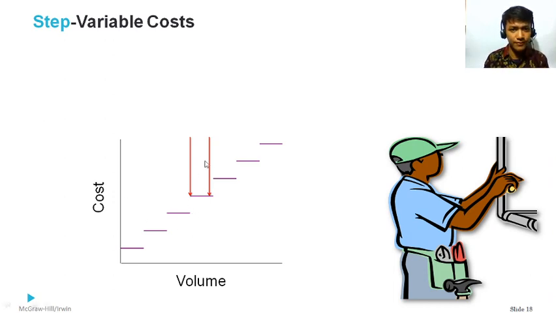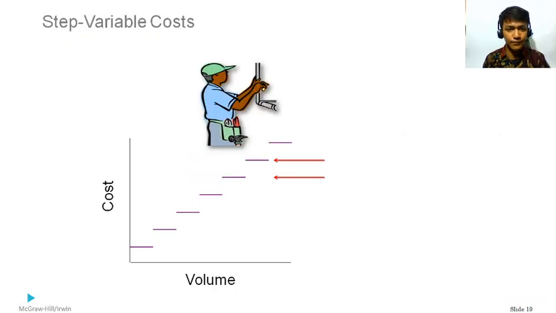Small changes in the level of production are not likely to have any effect on the number of maintenance workers employed. The step variable cost in this is shown by this red line. Only fairly wide change in the activity level will cause a change in the number of maintenance workers employed.